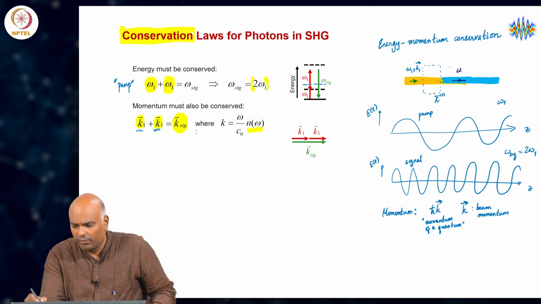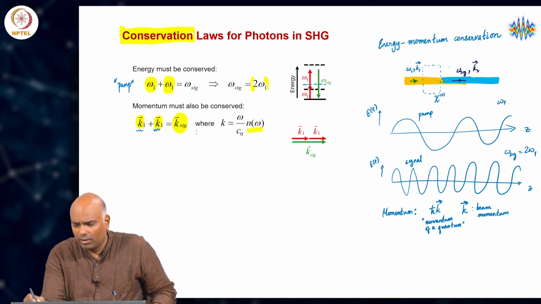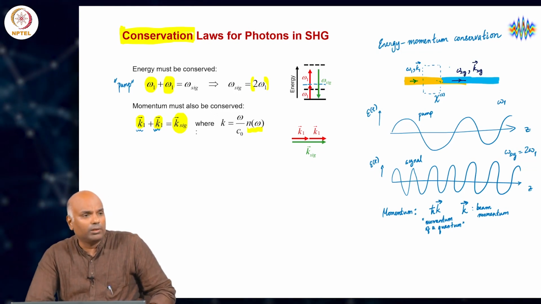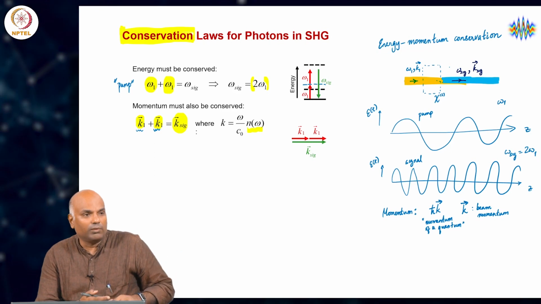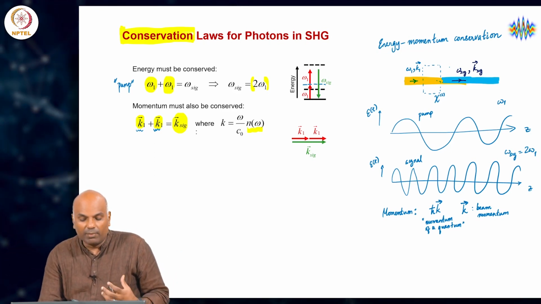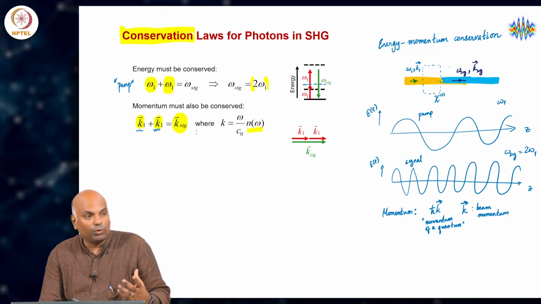Okay, so we have omega signal and k signal for this beam. Now, the point therefore being that there must be a relation between k signal and the two k ones.